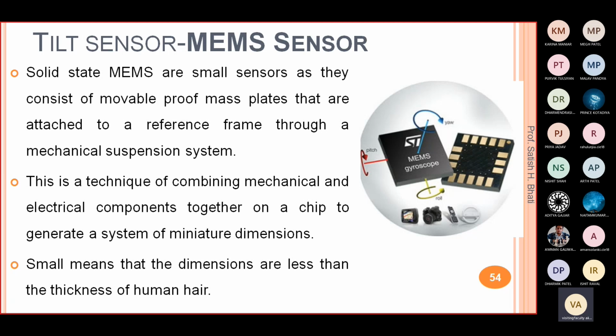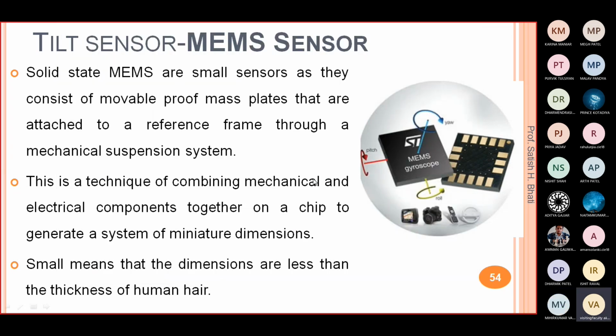These solid state MEMS sensors are very small in size. If we talk about the construction, it consists of a movable proof mass plate that is attached to a reference frame through a mechanical suspension system. Here you can see it has a mechanical suspension system, and that's why its name is micro electromechanical system.